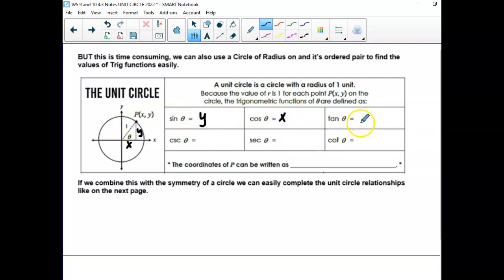What about tangent, though? Opposite over adjacent, look at my picture here, would become y over x. Remember, we just talked about that. Okay, flip this over, and you'd get the reciprocal, and this one would be x over y. Does anybody remember what I wrote a second ago? The x is always the cosine, and the y is always the sine.